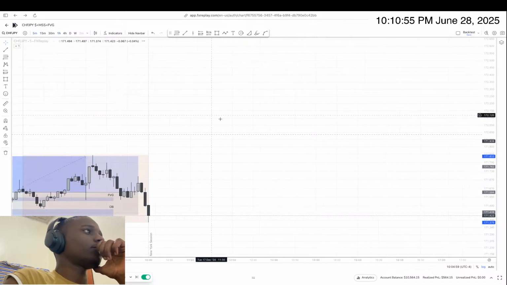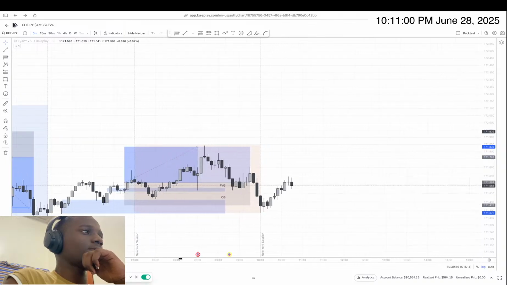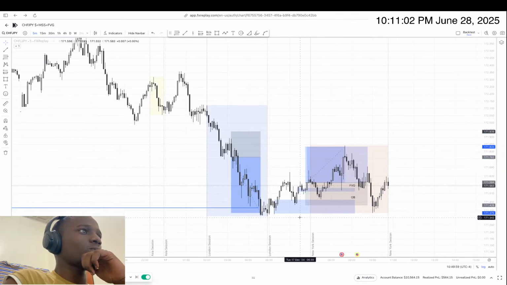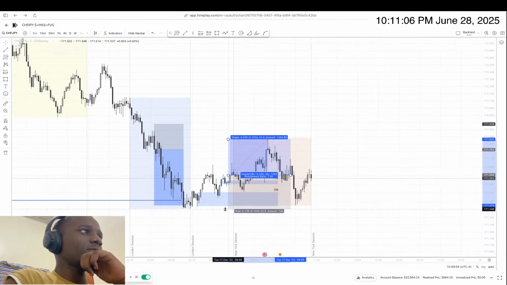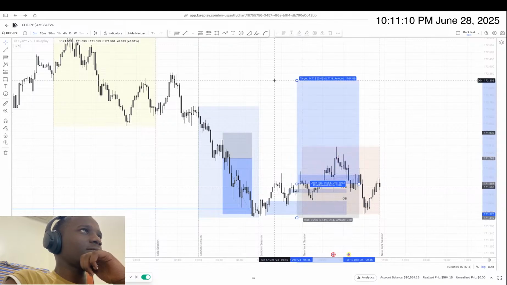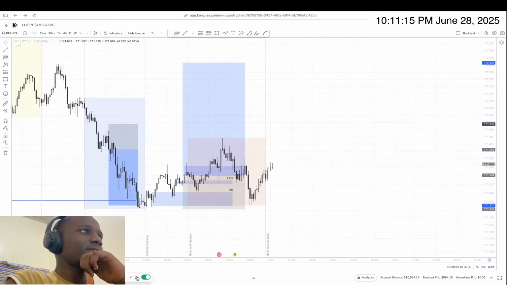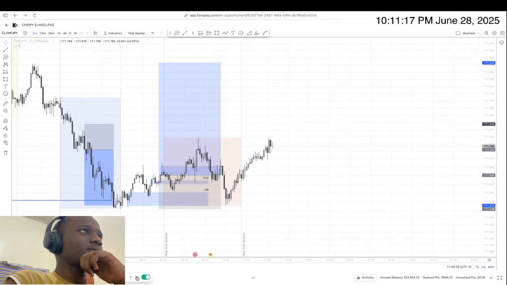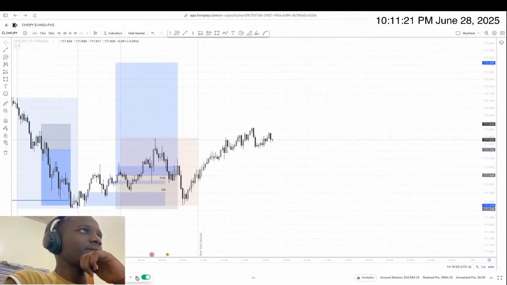Okay, let's see what happens next. We still didn't reach below this low though. This low was kind of protected, and the next high being there. Let's see if we can reach there. Well, the wicks weren't looking really good.